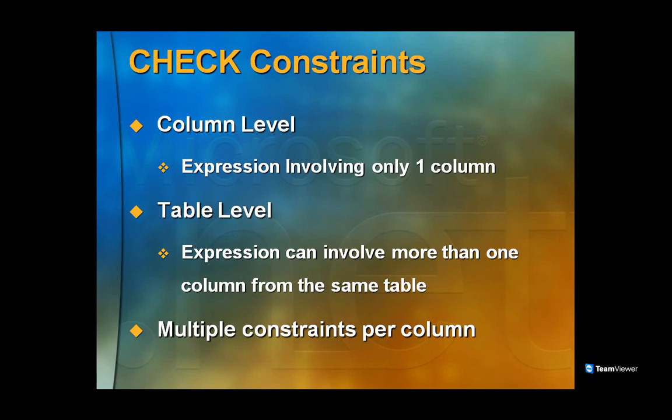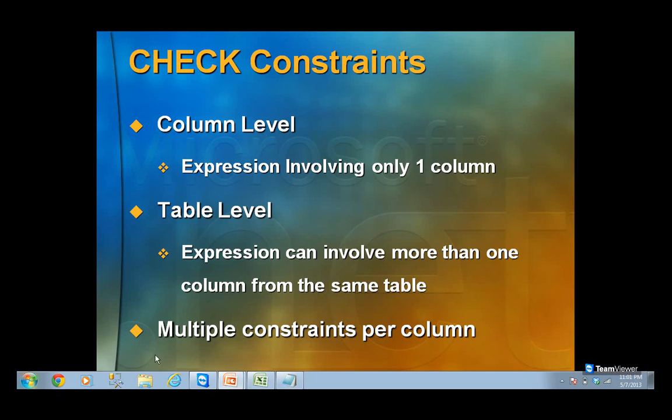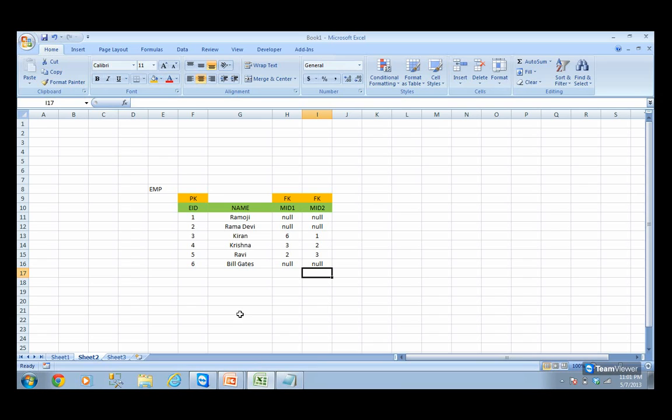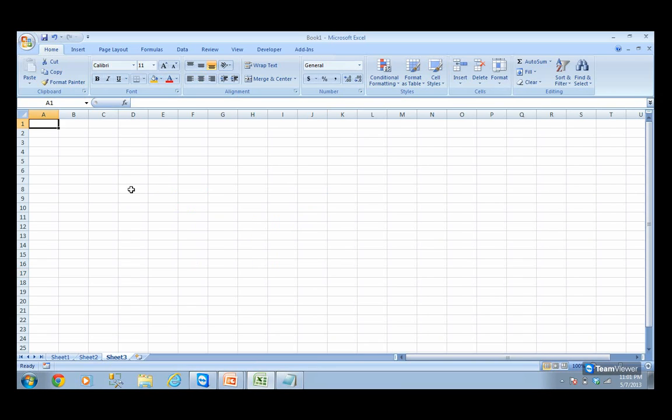Now, check constraint. You will have column level check constraint and table level check constraint. You can have multiple check constraints per table. For example, let me take an employee table. I have employee ID, employee name, employee gender, employee grade, employee salary.